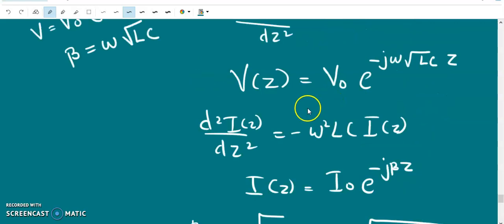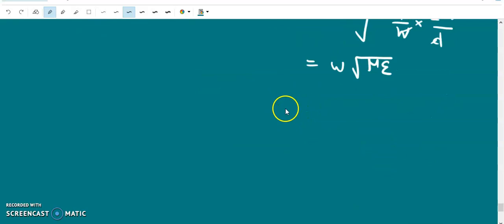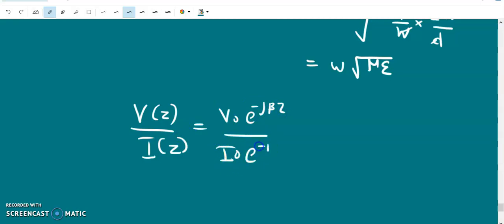And now we have to get the relation between V of z and I of z. We know that V of z by I of z is equal to V0 e to the power minus j beta z, divided by I0 e to the power minus j beta z, which is equal to V0 divided by I0.